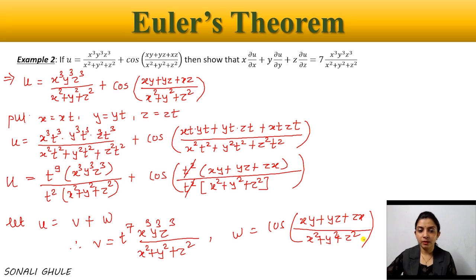Okay. Now see here, this v is a homogeneous function of degree 7. But here no term is remaining for t, so I can write t raised to 0 outside, right? And this w is a homogeneous function of degree 0.